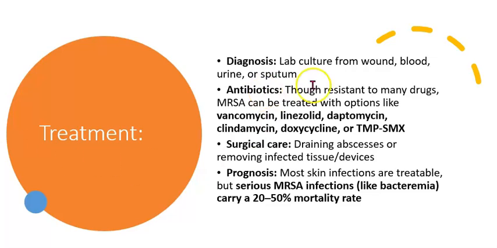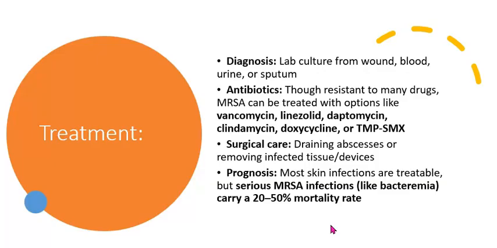Treatment: first, we're going to do some cultures from the wound, blood, urine, sputum, depending on their symptoms. The patient would be given an antibiotic even though it's resistant.